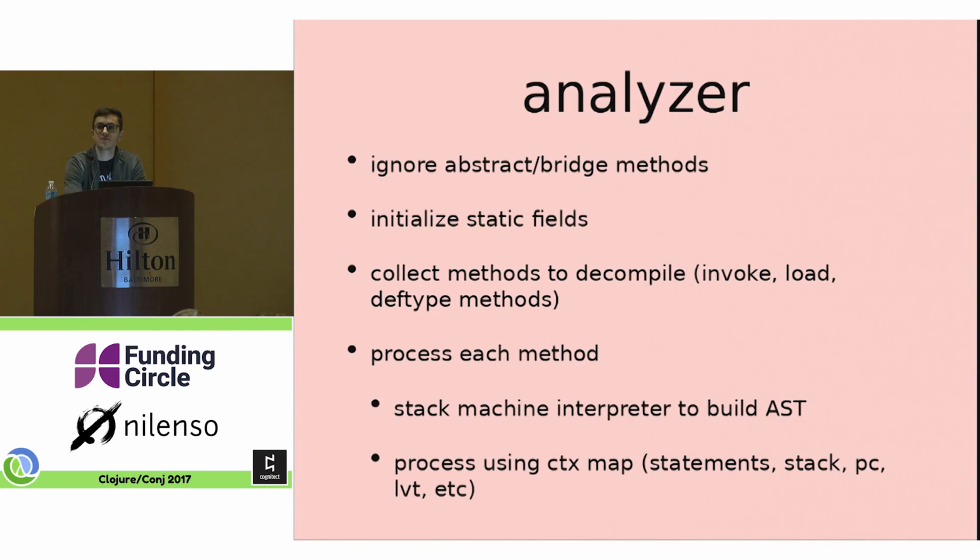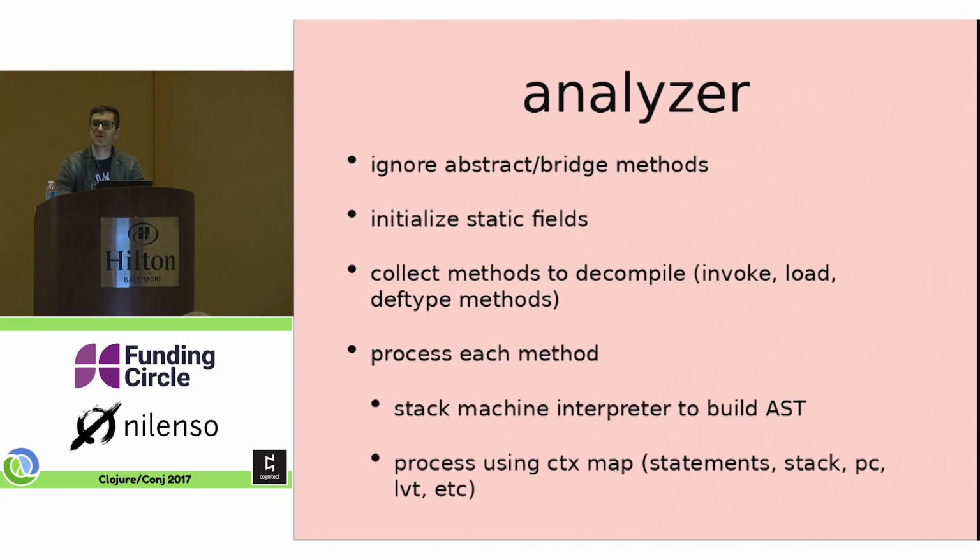In the case of a function, we're going to collect invoke methods or invokePrim or invokeStatic methods, depending on which one the function actually implements. In the case of a namespace initializer, we're going to collect the load method, which is what the Clojure compiler emits, and so on. Then we start processing each method and decompiling it.